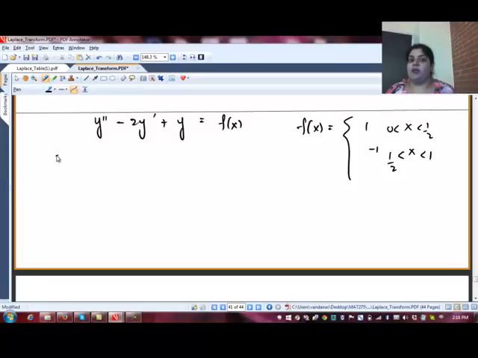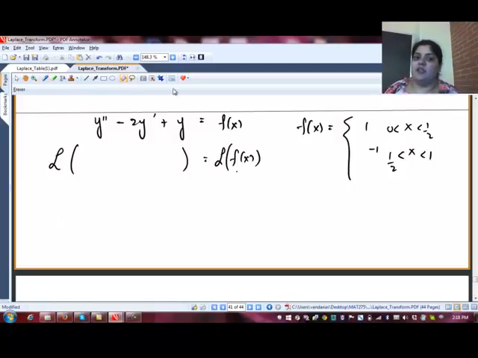What I will be doing is taking a Laplace transform of both sides of this equation. Now, can I find the Laplace transform of this function, which is written here? Can we find the Laplace transform of this function?